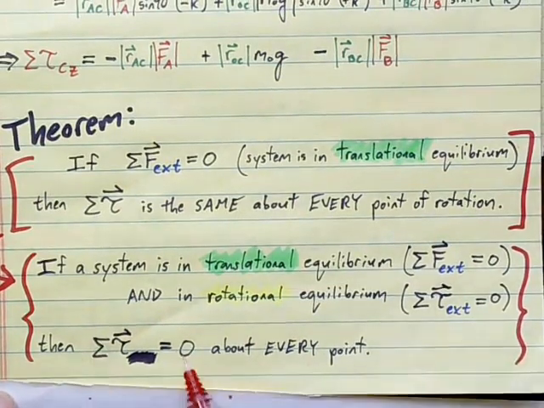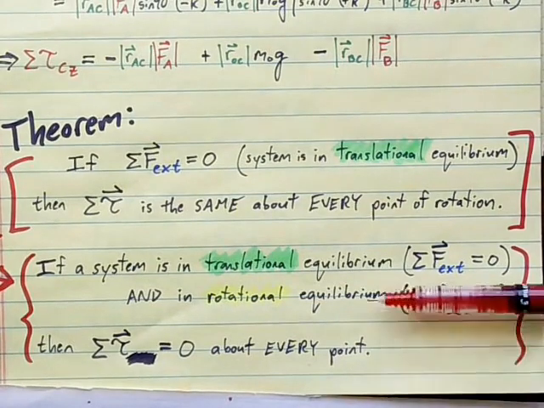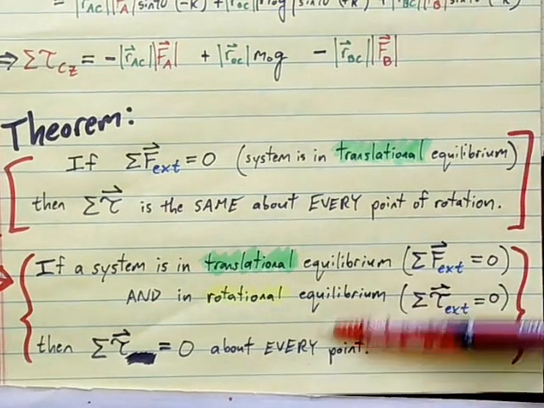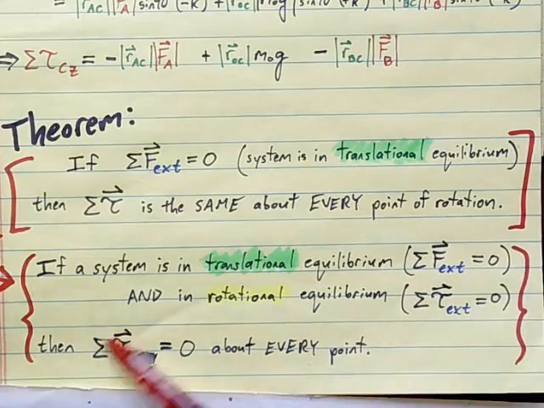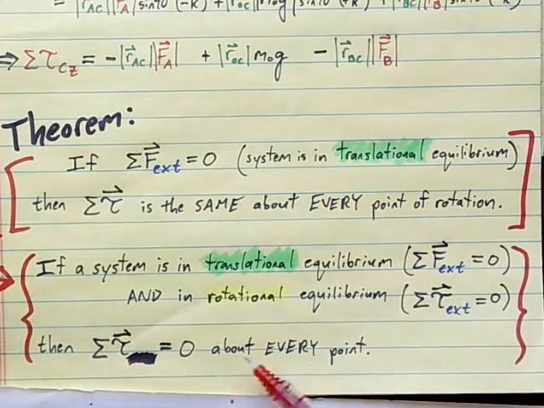The net torque will be 0 about every single point. So if we're trying to guarantee that the system is in static equilibrium, then we can sum the torques about any point of our choosing and set that equal to 0 and get a valid equation.